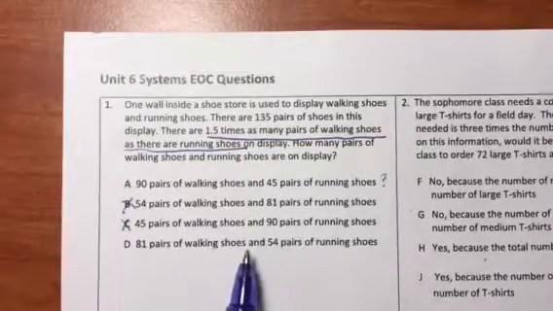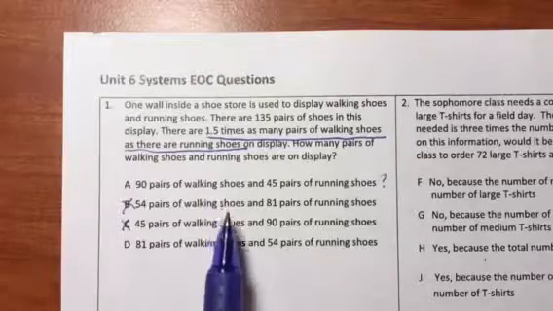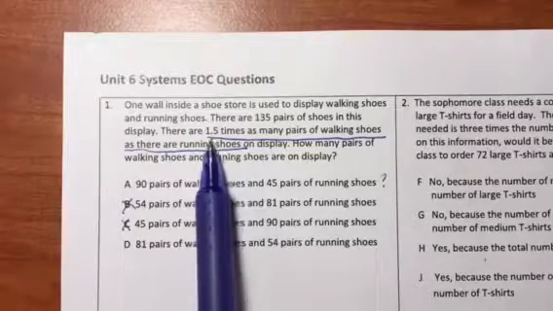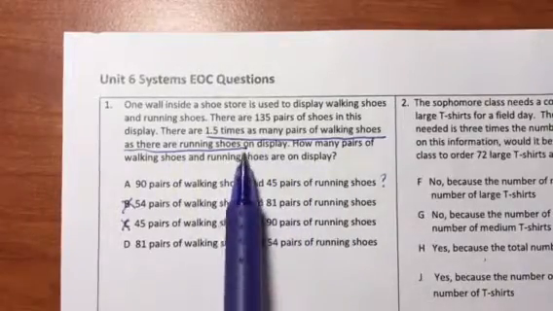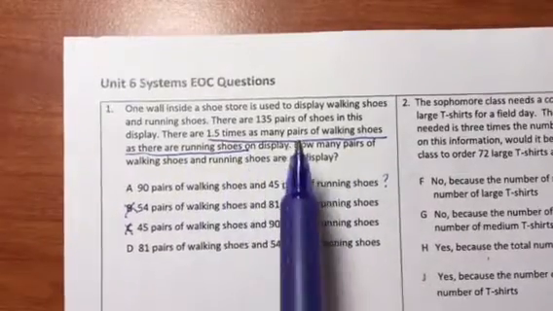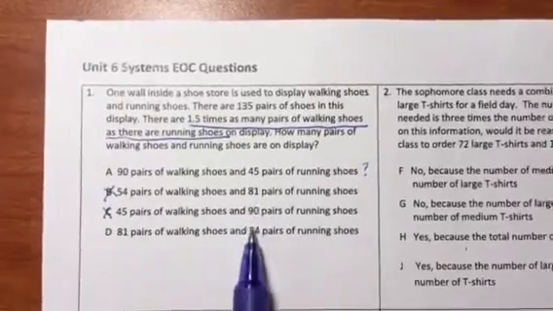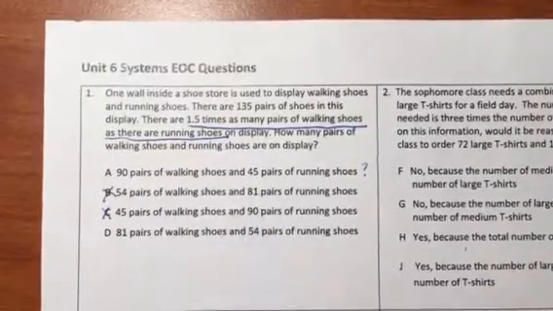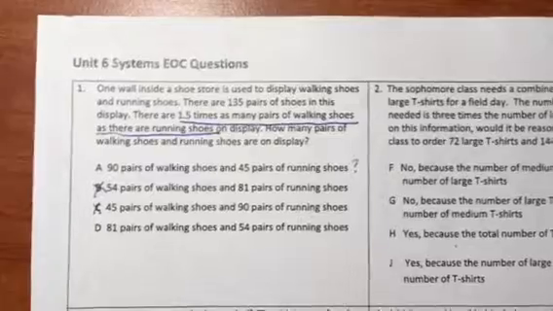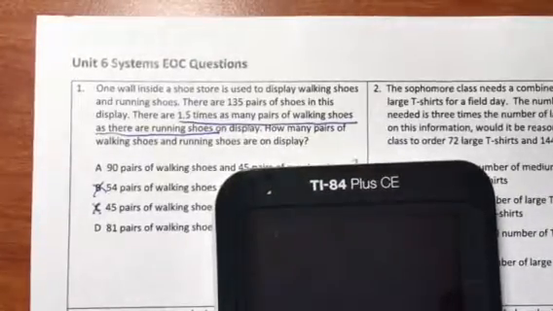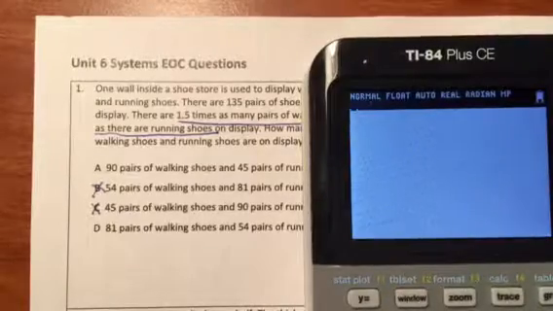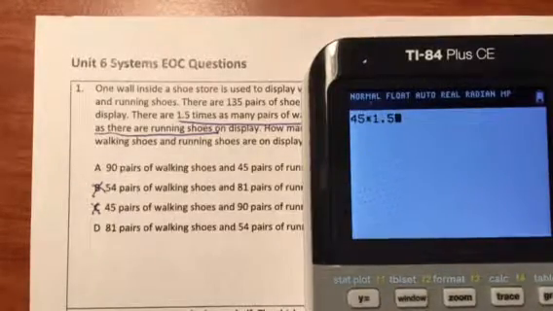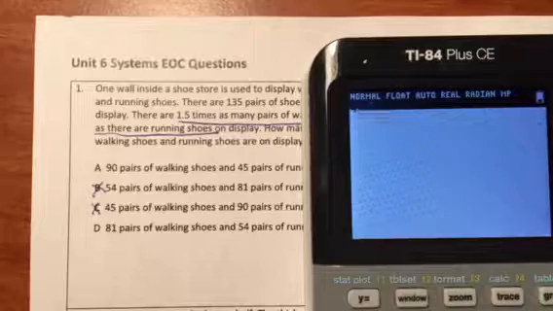So this says that there are 1.5 times as many walking shoes as there are running shoes. I'm going to take this 45 and this 54 and multiply them both by 1.5. So 45 times 1.5, does that give me the 90?